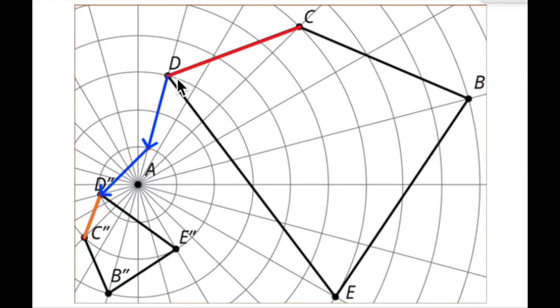All right, so it was to dilate this using a scale factor of 1/3, so you're going to bring it closer to the center of dilation, closer to point A. So D is going to go to here, scale factor of 1/3. So this is 1/3, 2/3, 3/3. And then I'm going to reflect it from that point directly across here.